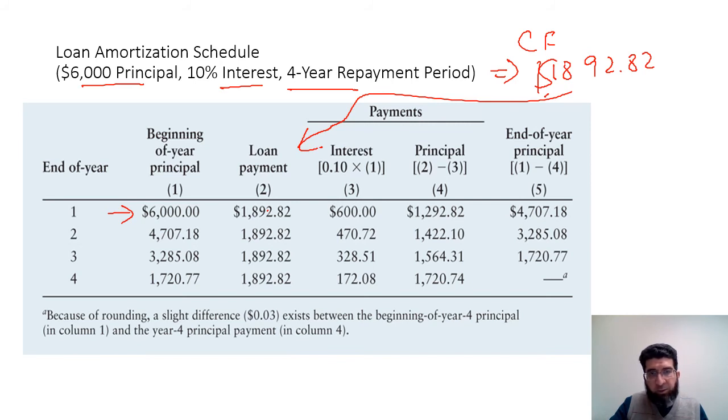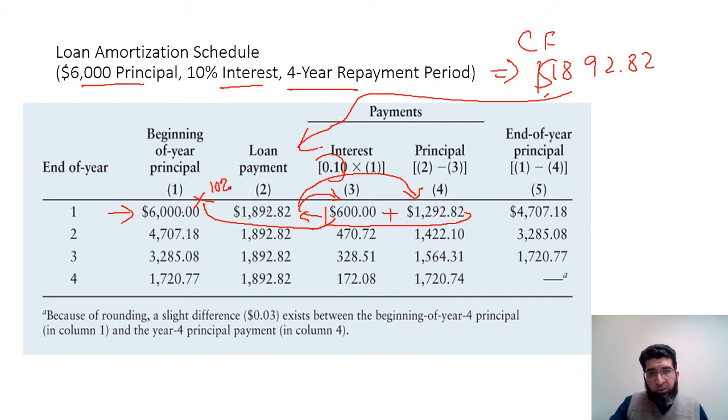At the end of the first year, what are the parts of 1892? It has $600 as interest and the rest as principal. If you add both of these two, you will get 1892. Interest is calculated at 10%: you multiply 10% with the principal, so the 600 comes out by multiplying 6,000 with 10%.